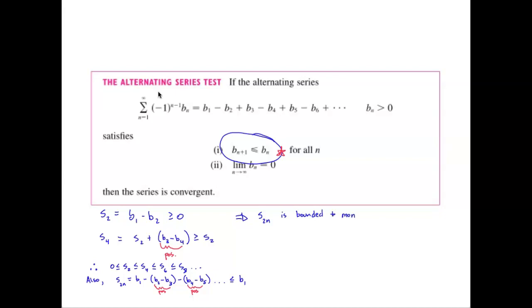Do you guys remember what monotonic means? It means either always increasing or always decreasing. And we had a theorem that said that if you have a sequence that's bounded and monotonic, it has to converge. So I'll say thus convergent.